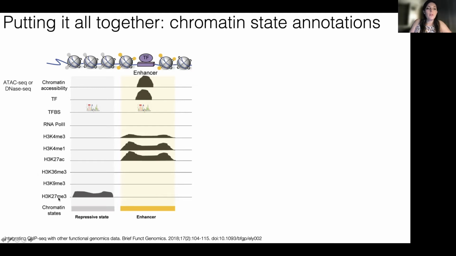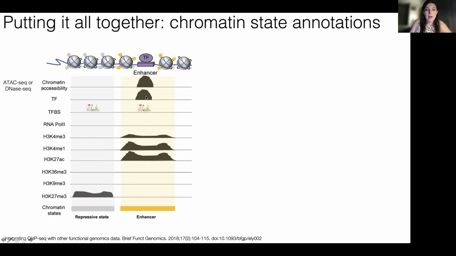So here we really only have a trimethylation at H3K27 and no chromatin accessibility peaks. And so this is a repressive state. It's very tightly wound DNA that is not very accessible and nothing's really happening there. But we have an enhancer state here where it's an open enhancer or open chromatin.